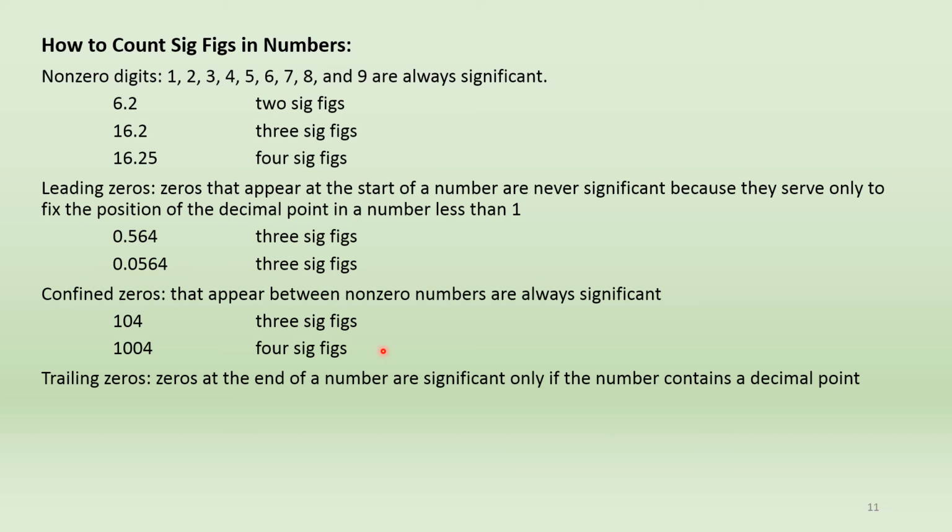And finally, trailing zeros at the end of a number are significant only if the number contains a decimal point. So 15,400 contains no decimal point, so zeros to the right are not significant. This has 3 sig figs. 1540.0 does have a decimal point, so zeros to the right are significant, so a total of 5 sig figs.